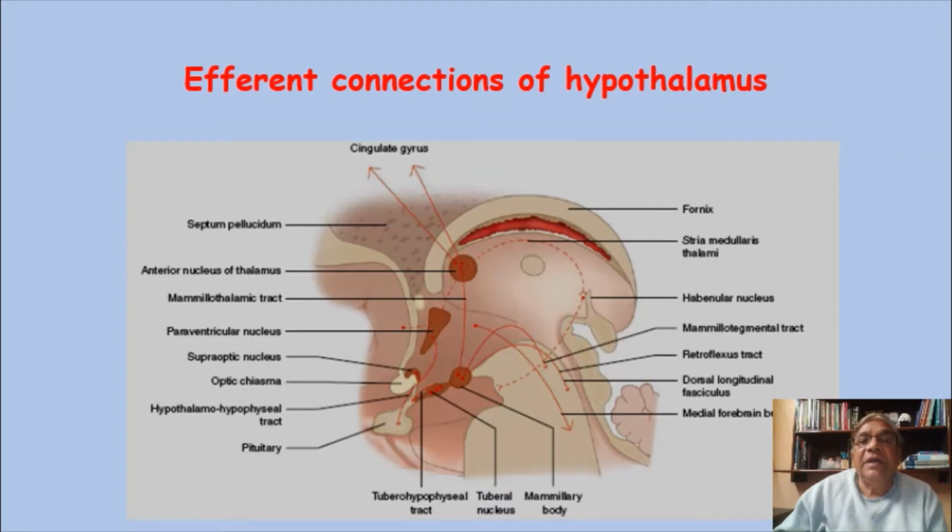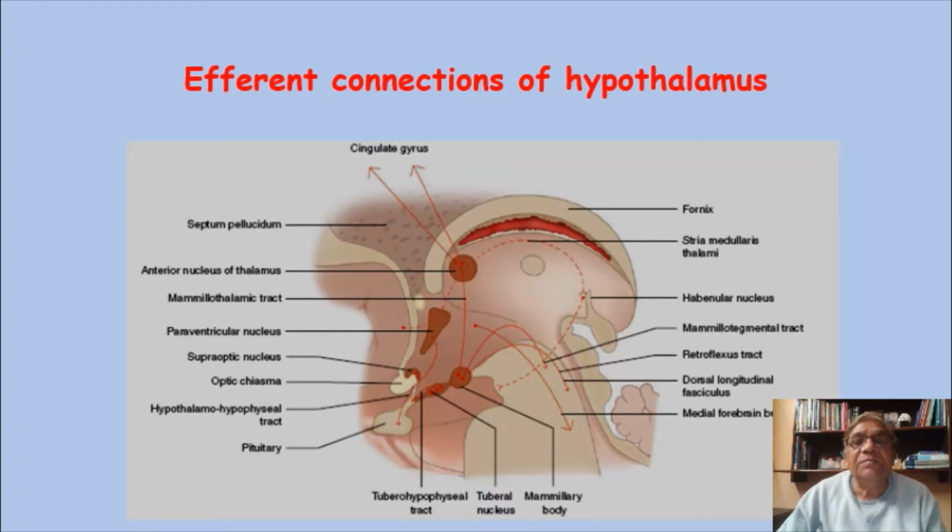And from the anterior nucleus of thalamus, these fibers will project into the cingulate gyrus on the medial surface of the cerebral hemisphere. This is also the midline or sagittal section, and the cingulate gyrus is here, with efferent fibers going to this.